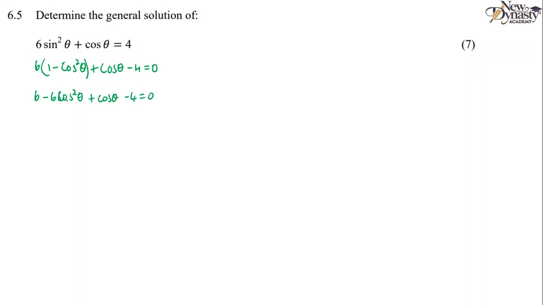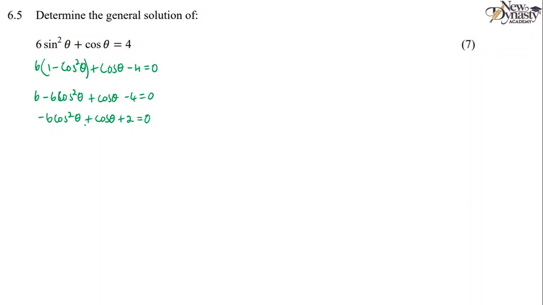Then let's simplify this. We've got minus 6 cos squared theta plus cos theta, and 6 minus 4 is going to be 2, equals 0.